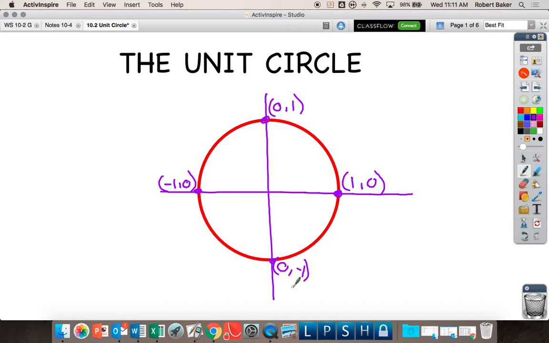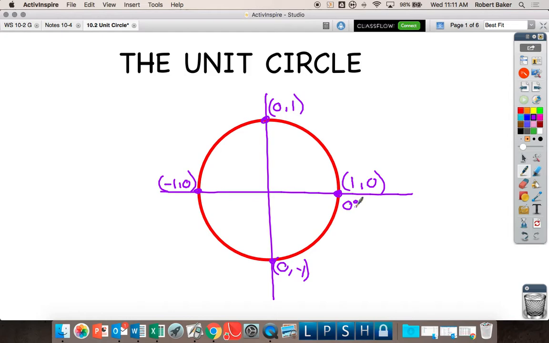When we count degrees, we always start here, right? And we're radiating this angle around the circle. So how many degrees is that angle from here to here? 0 degrees. That's a 0 degree angle.